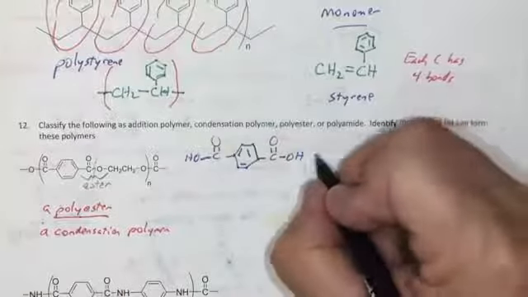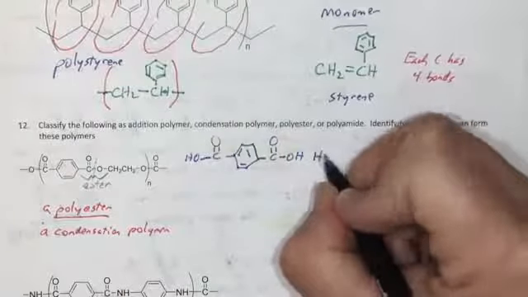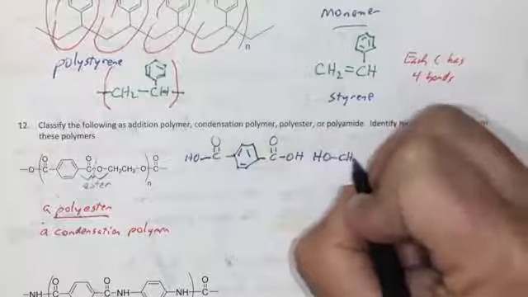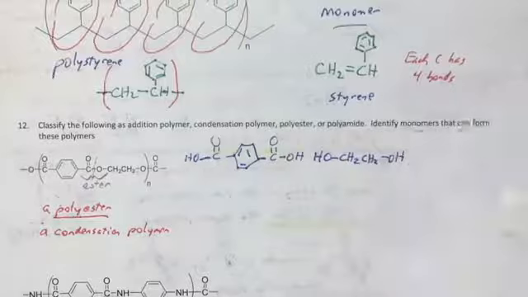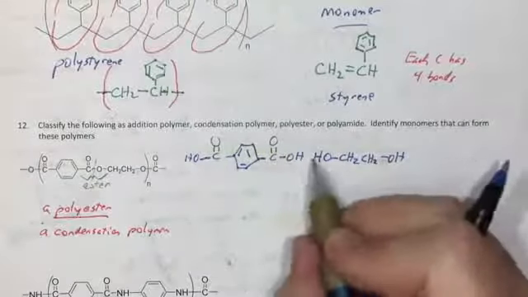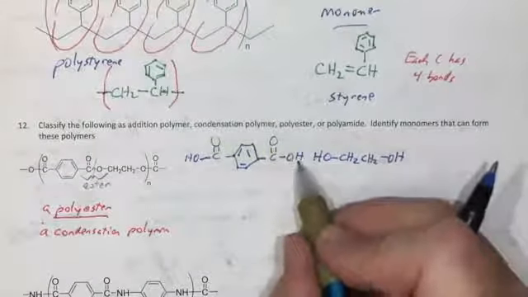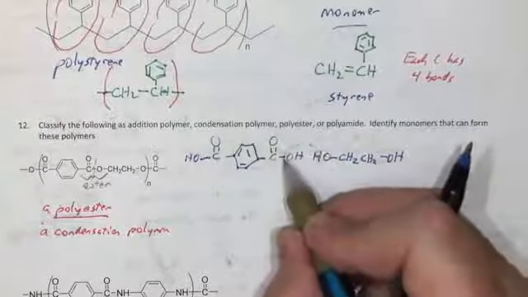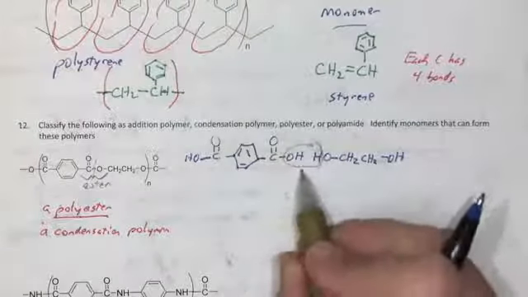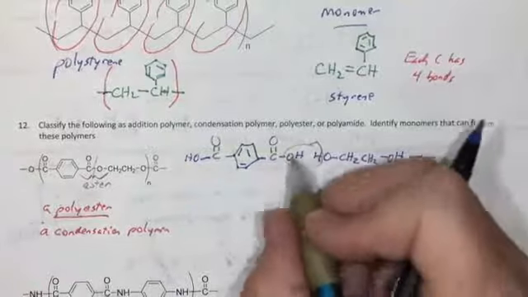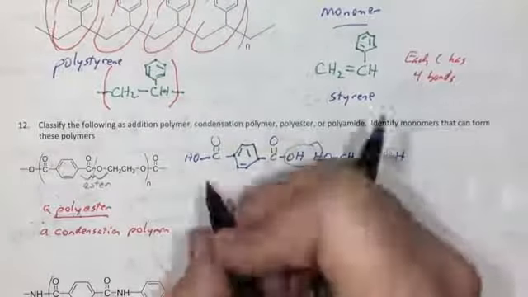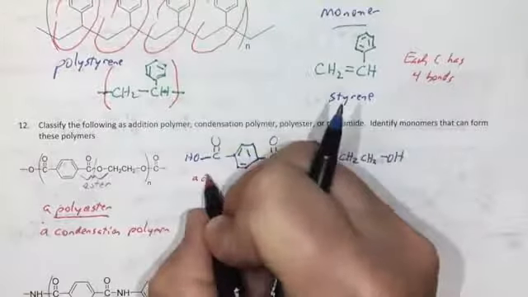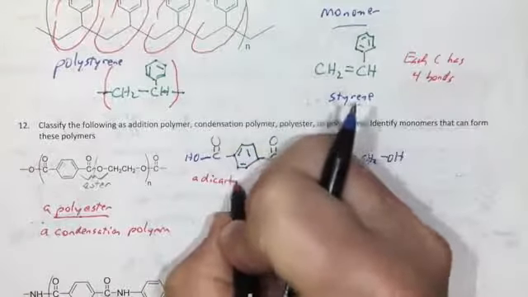Now, let's go to the other side, which is HO, CH2, CH2, OH. Okay, so I knew this was this molecule because in picking this, here's the loss of water. So this involves the loss of water. In this particular case, this compound is called a dicarboxylic acid. It's a carboxylic acid.